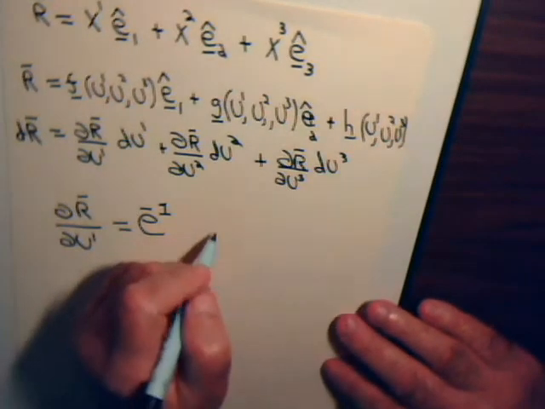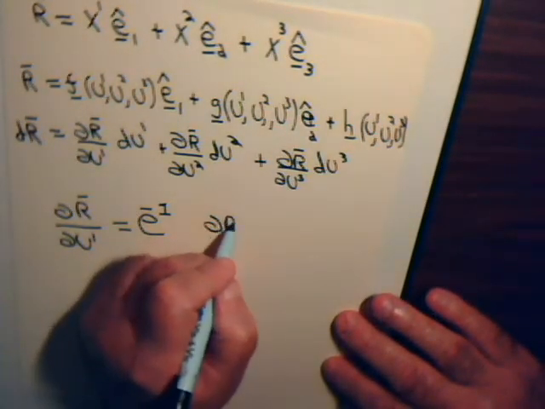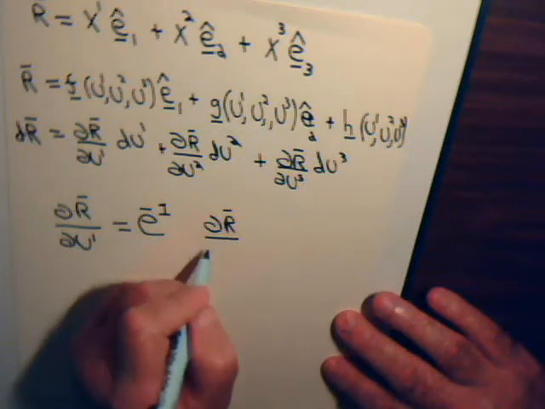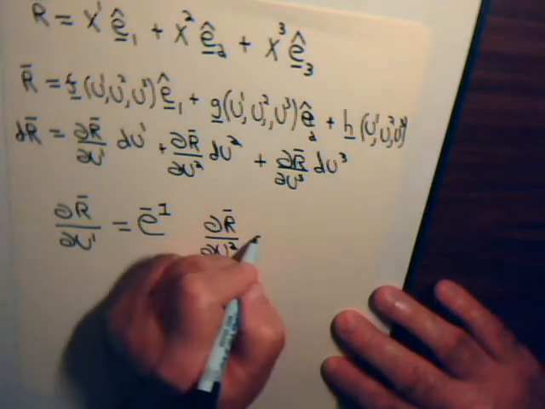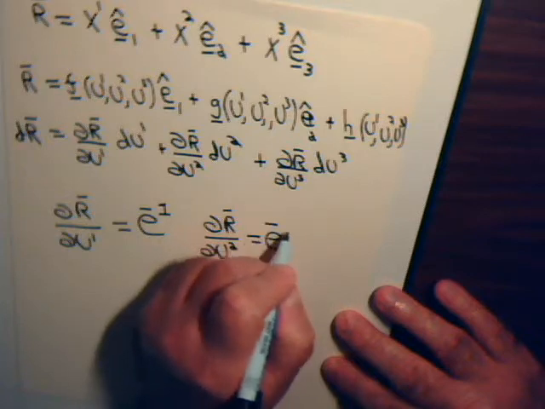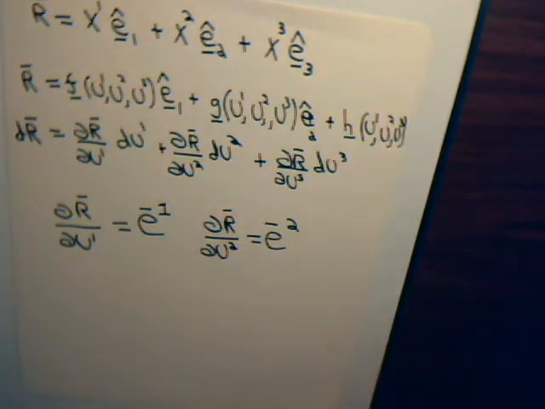Likewise, the partial of r with respect to u2, that is that tangent vector E2.